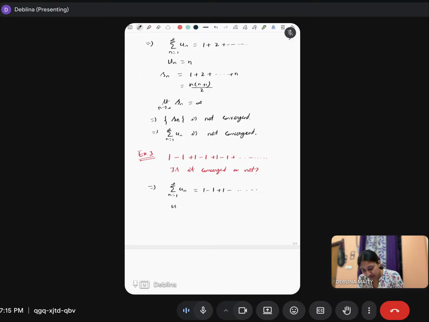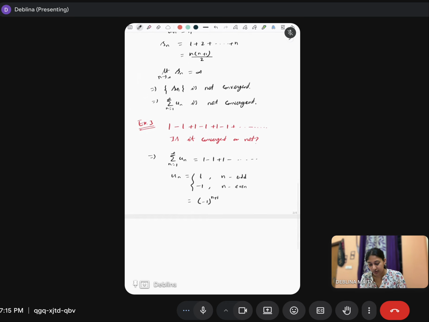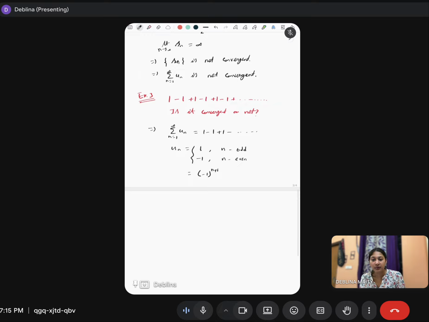So un here is plus 1 if n is odd, and minus 1 if n is even, right? So it is actually minus 1 to the power n plus 1. So un equals minus 1 to the power n plus 1.